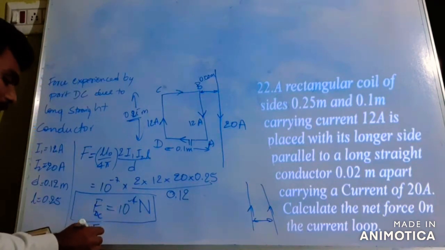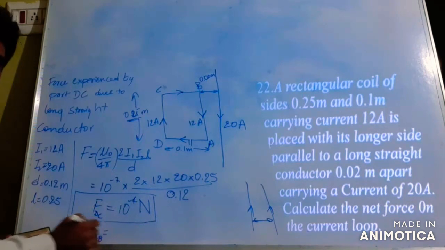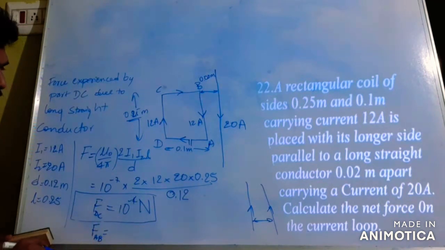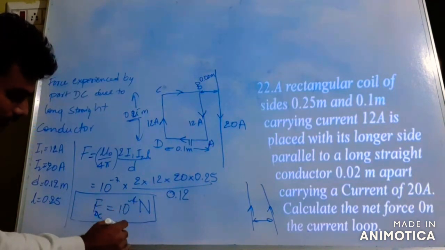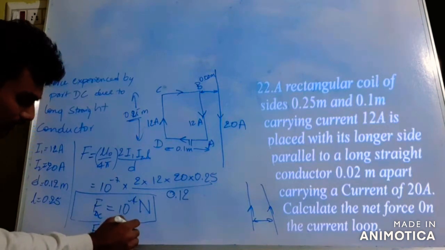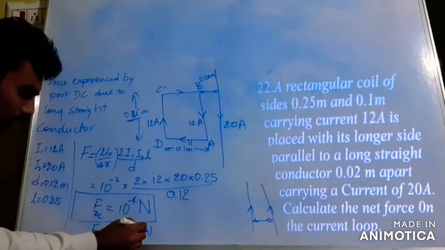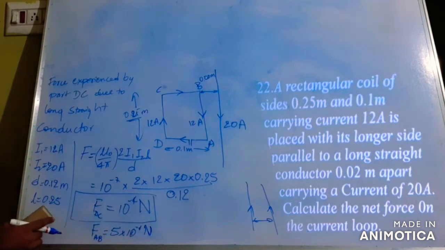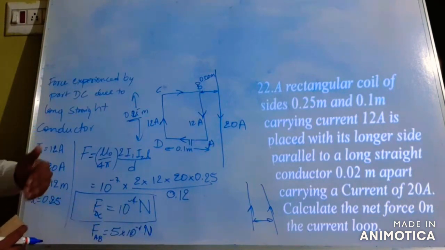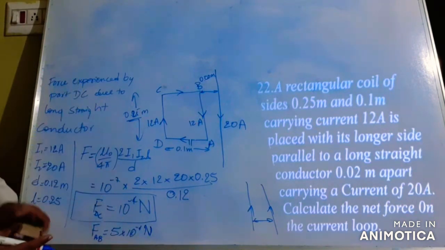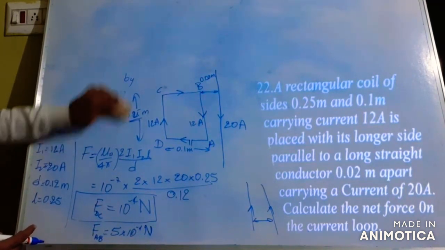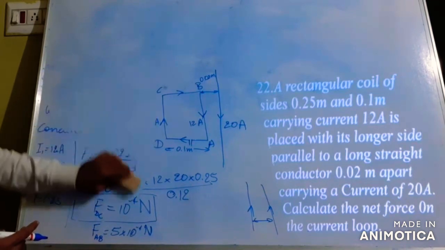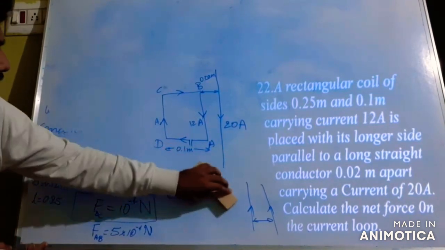Similarly, the force experienced by part AB that we obtained is 5 into 10 to the power of minus 4 Newton. These are the important things for the further simplification. After getting the force experienced by both the parts, now we shall see the net force experienced.